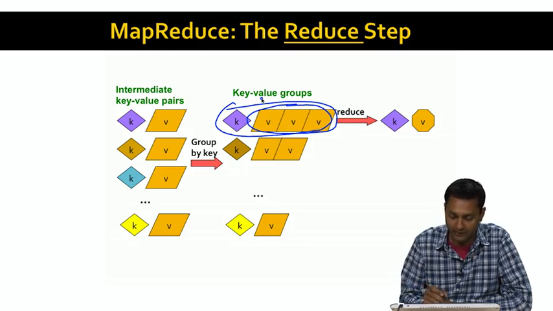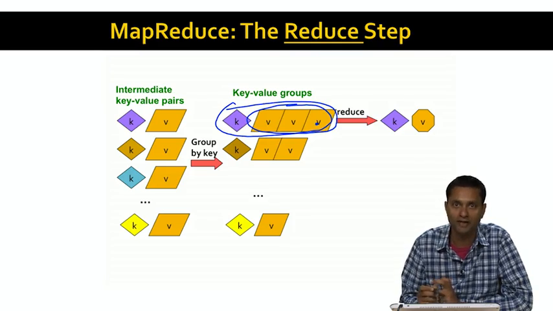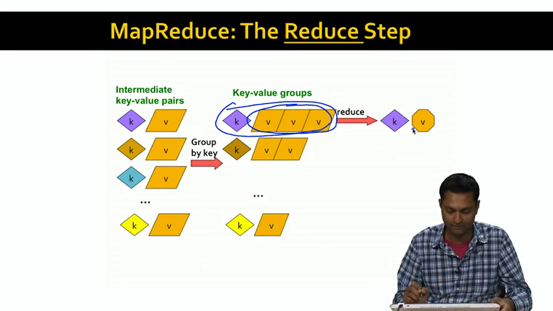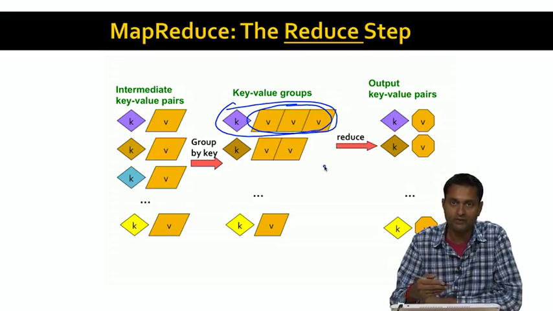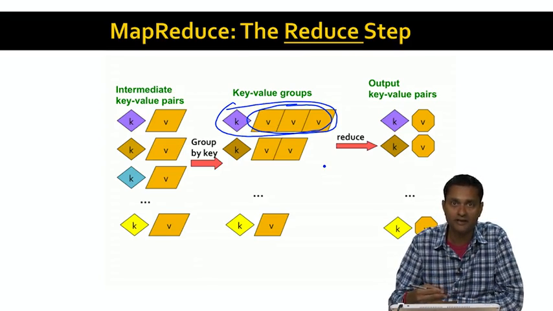For example, it could add up all the values. Or it could multiply them, or it could take their average, or it could do something more complicated with all the values for a given key. And finally, it outputs a single value for the key. Right, and so when you apply the reducer to the second key value group, you get another output, and so on. And once you've applied the reducer to all the intermediate key value groups, you get the final output.